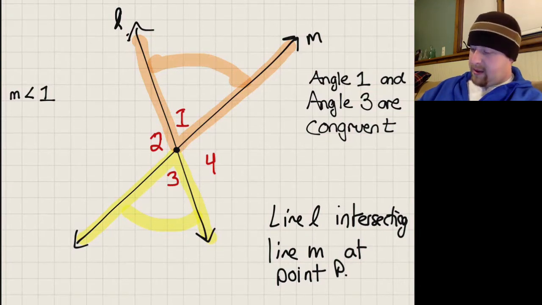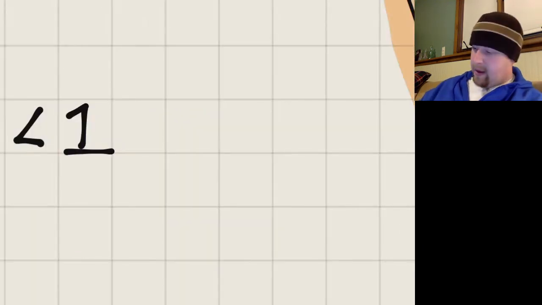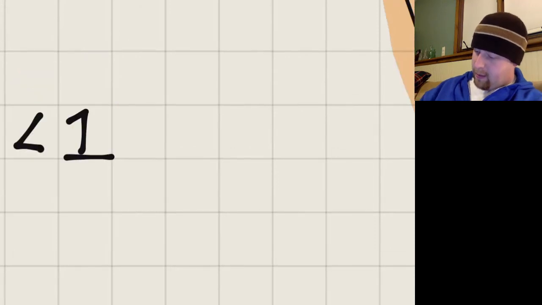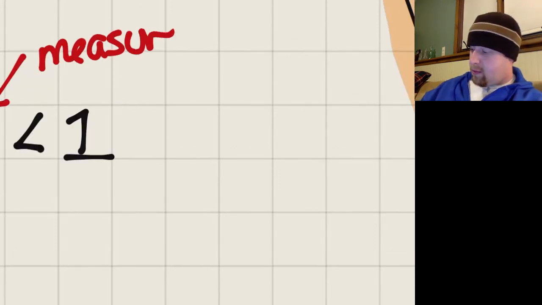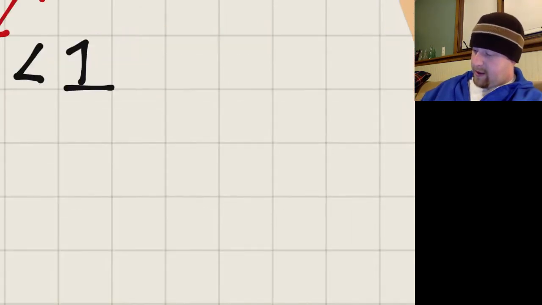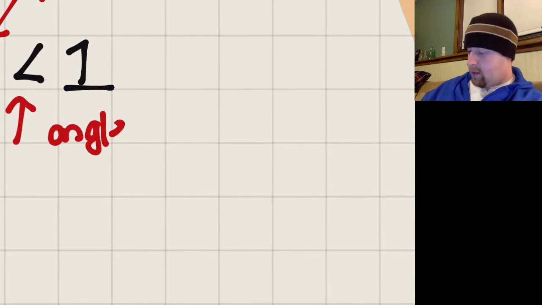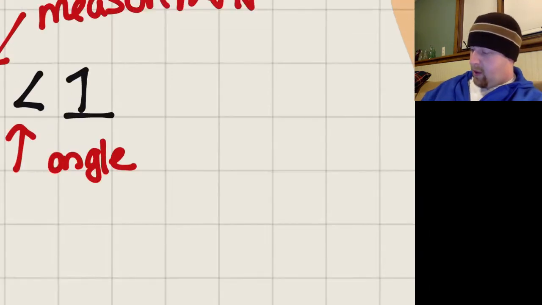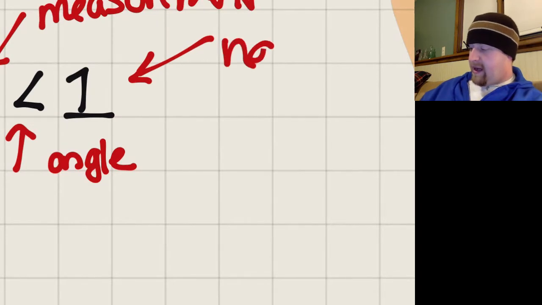What that means, let me kind of zoom in on that. All right. This little icon right here means measurement. And this little icon right there, that means angle. And the 1 right there in the end, well, that's the name of the angle.